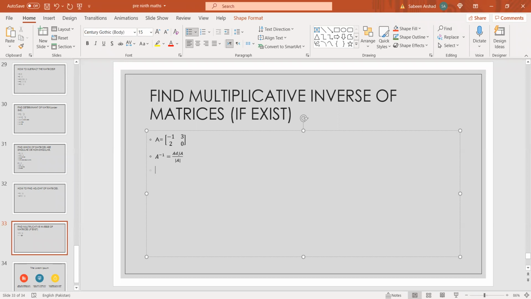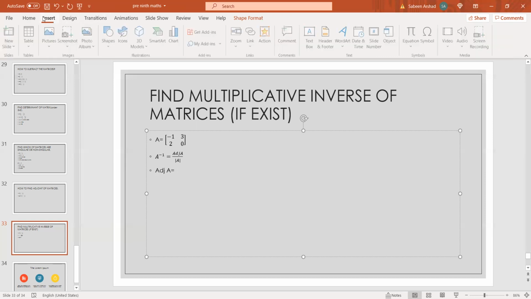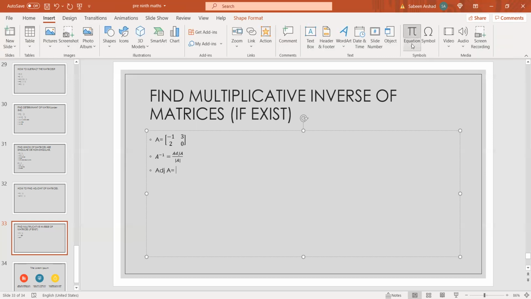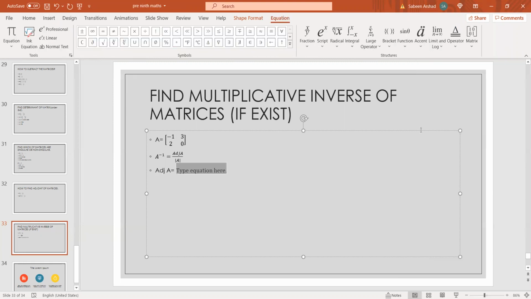Here, if you see a, d, and the other entries, this is the adjoint of A. Whenever you take the adjoint, simply interchange the diagonals. For more description of this method, please check previous videos.